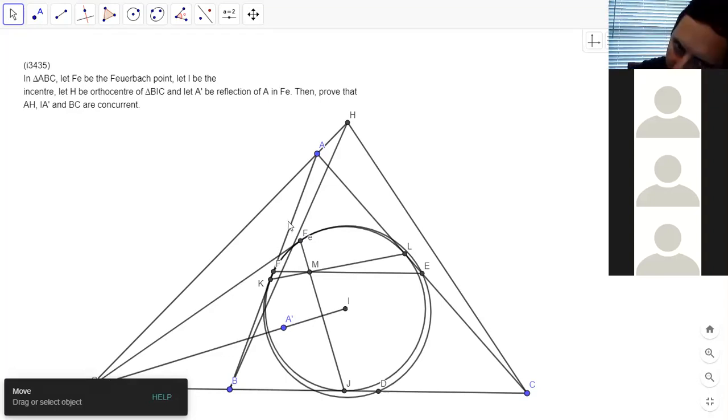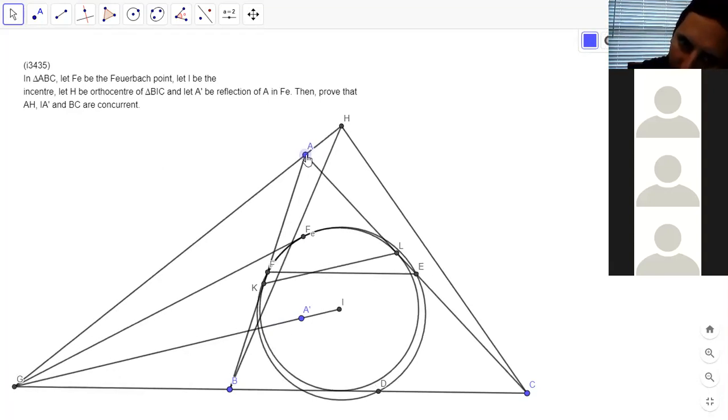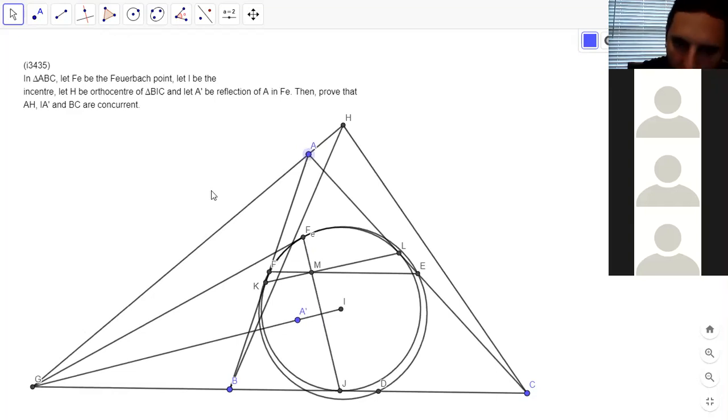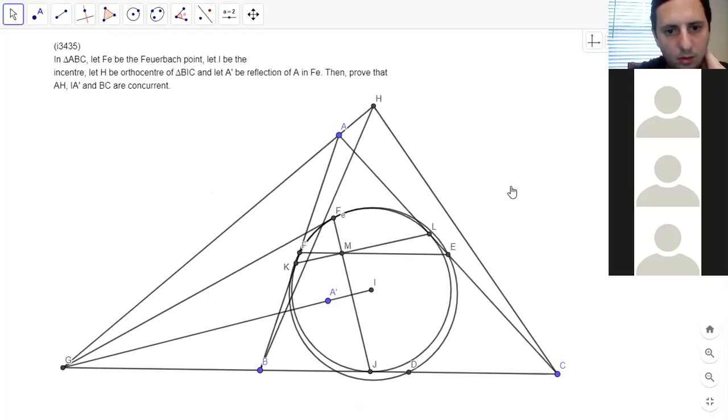Okay, so DEF, I mean, so you want me to draw the Euler line of triangle JEF? No, I mean that the Feuerbach point Fe is the anti-Steiner point of the Euler line of triangle JKL.